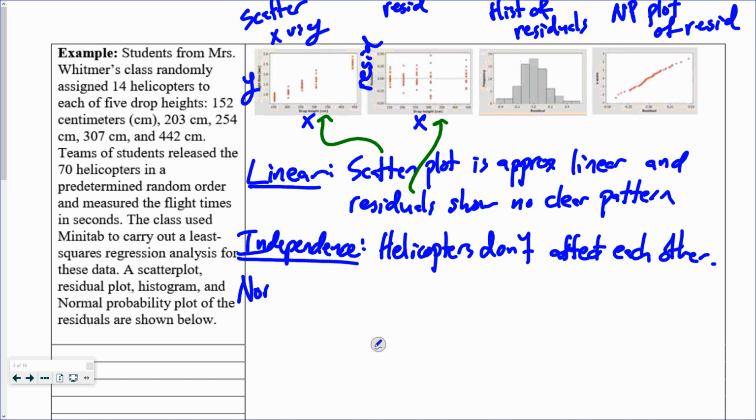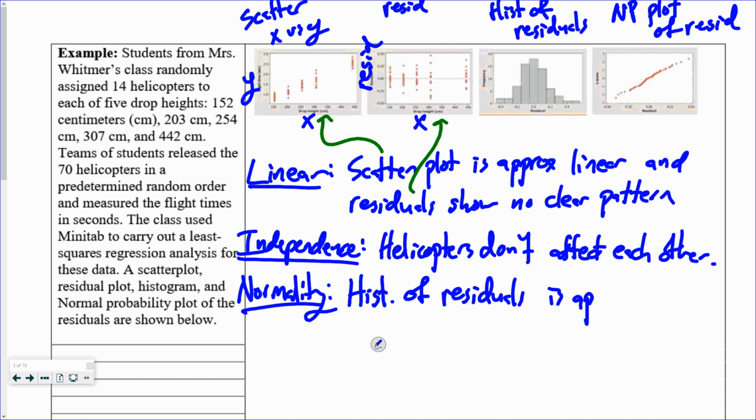Normality. You can look at a couple things there. The one we're most used to is probably going to be that histogram. What we're going to see here is that the histogram of residuals is approximately normal.